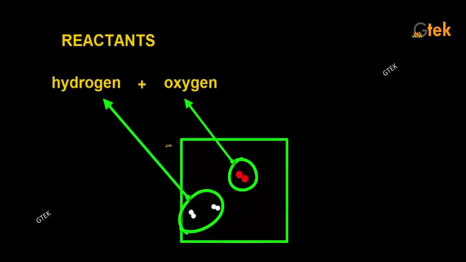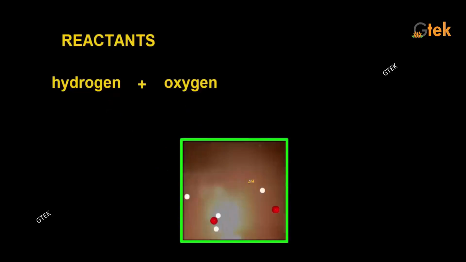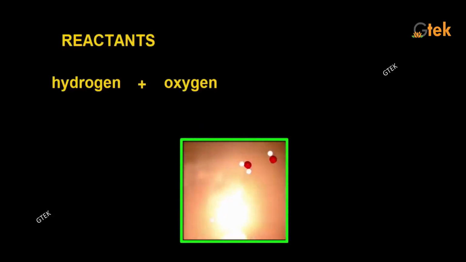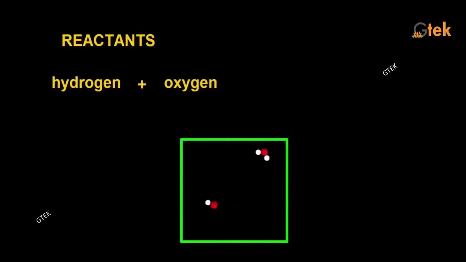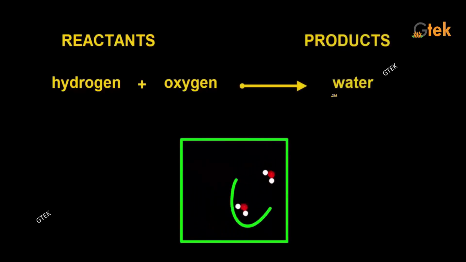Here are the reactants, hydrogen and oxygen, which becomes the product water here.